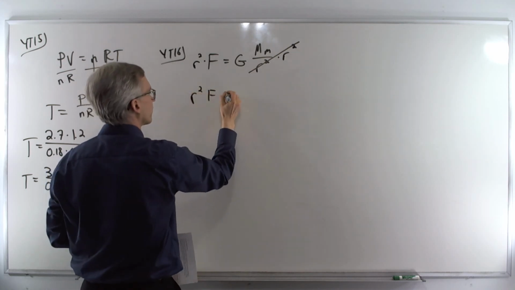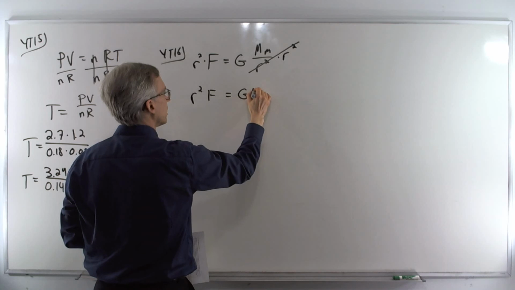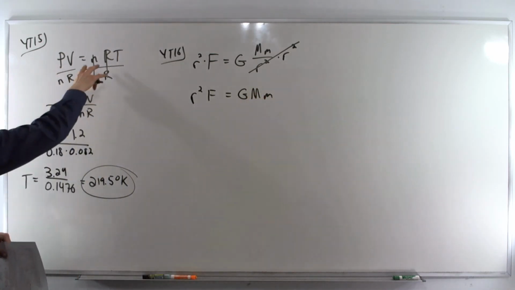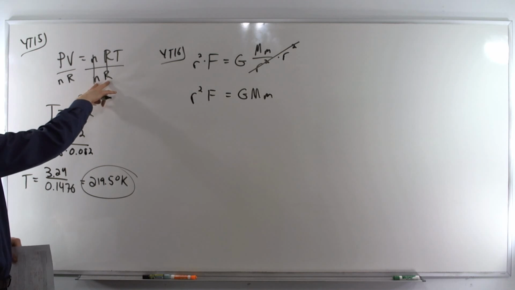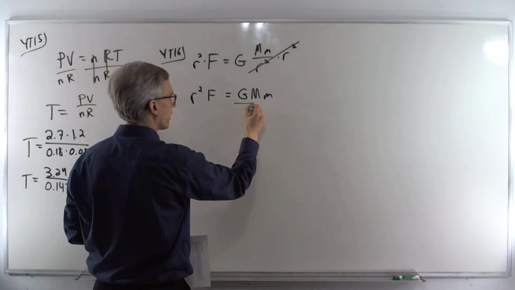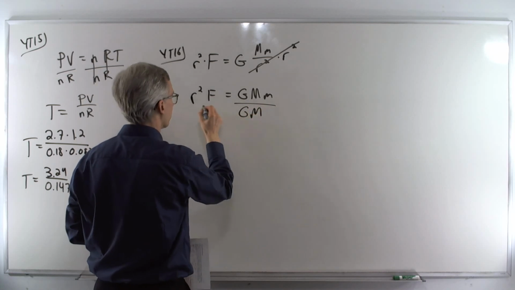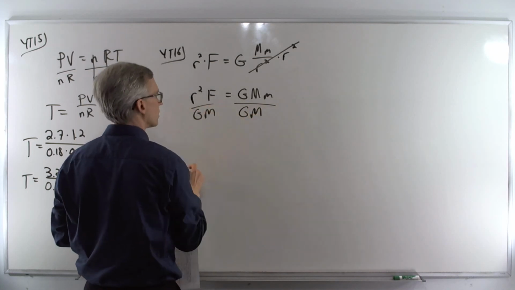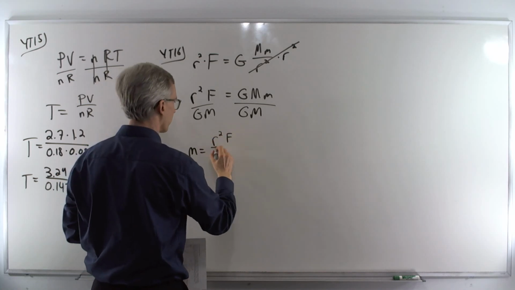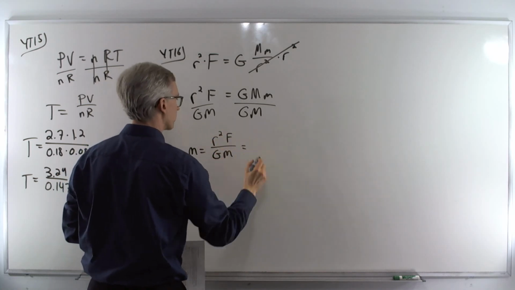So we got r squared F on the left and G M m on the right. And now just like we did before, we're just going to divide by the two variables that we don't want. All right, we want little m, so we'll divide by G big M. So that gives us m equals r squared F over GM.